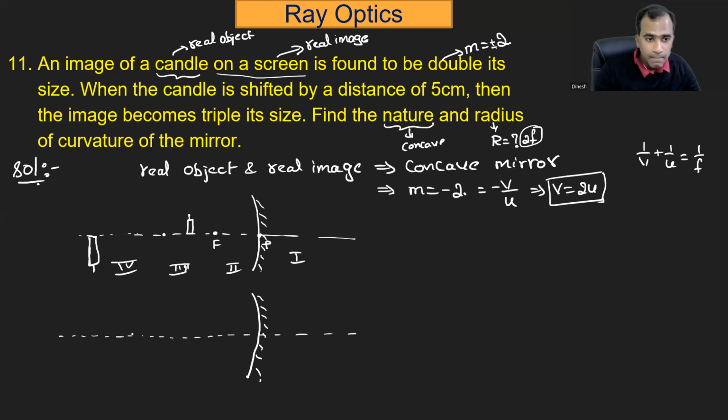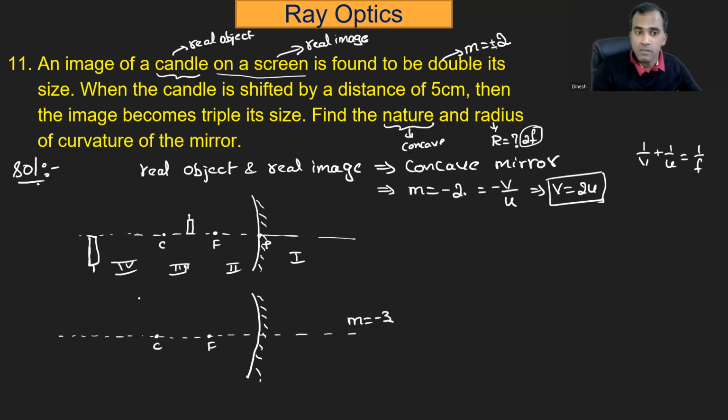Is the object shifted by 5 centimeters towards the right side or the left side? They are also saying that the magnification is minus 3 times, because the negative sign should be there since we are using a concave mirror. The image becoming triple its size means M is minus 3.